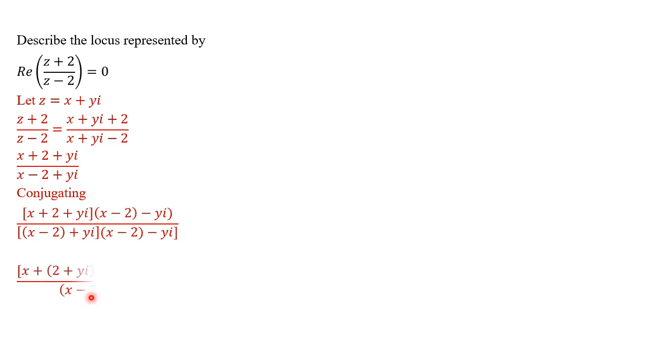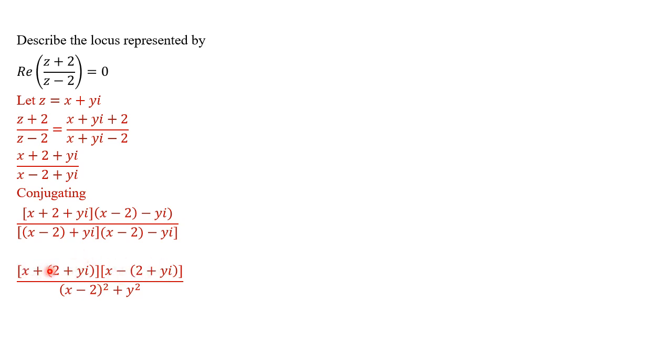Alright, so let's go to the next part here. We are going to have (x plus (2 plus yi)) times (x minus (2 plus yi)), all over the real part squared plus the imaginary part squared. If you look closely on the numerator, you can see that we have a difference of 2 squares, because it's x plus this term, then x minus this term.